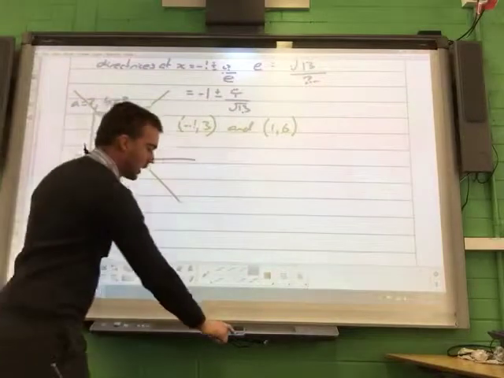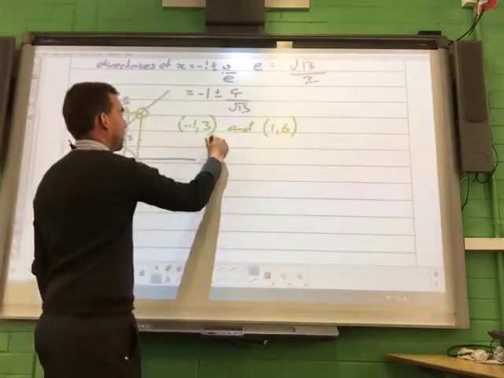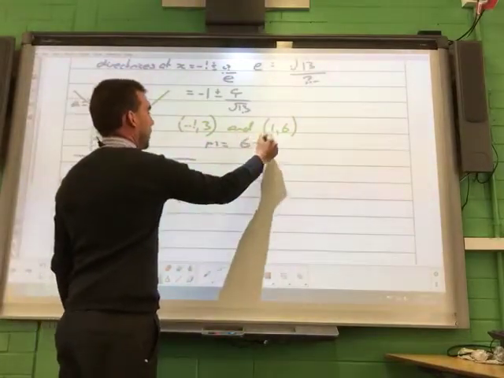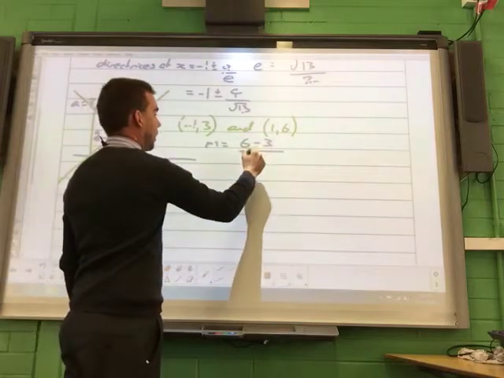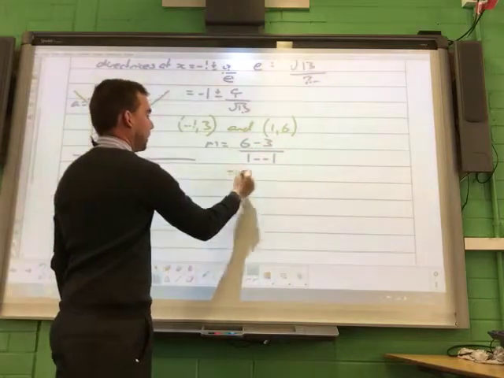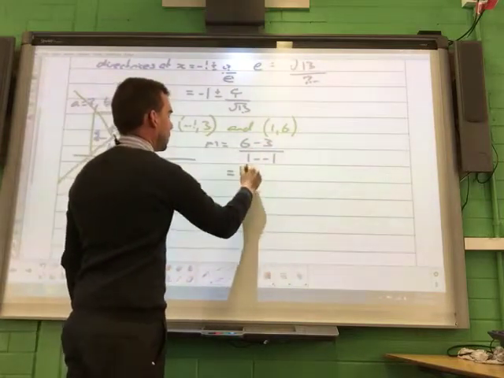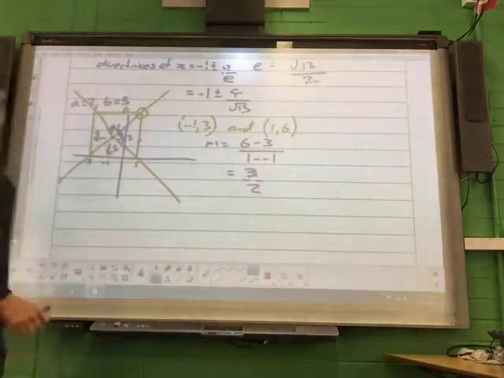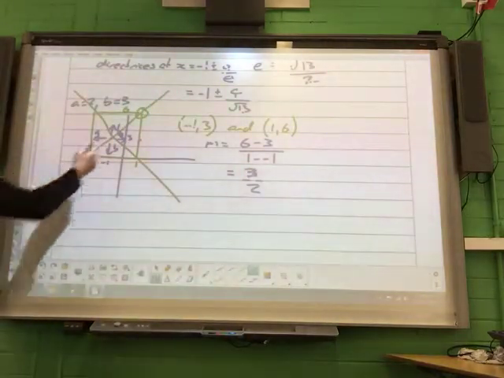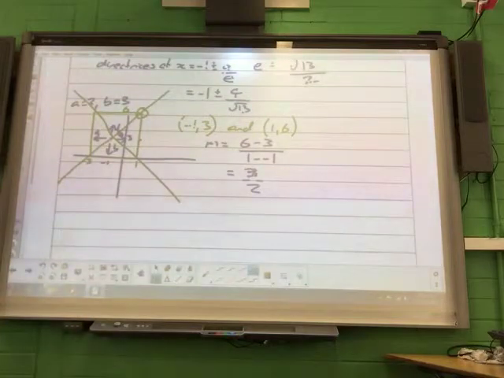So we can calculate the gradient: 6 take away 3 over 1 take away -1, which is 3 over 2. I'm finding the gradient of this line here to get the positive slope asymptote.